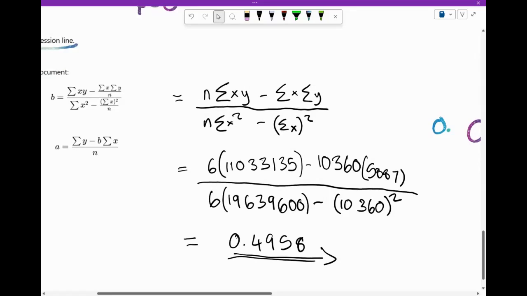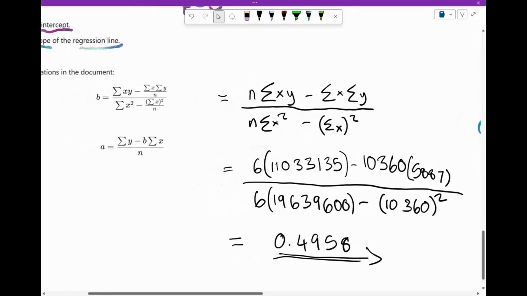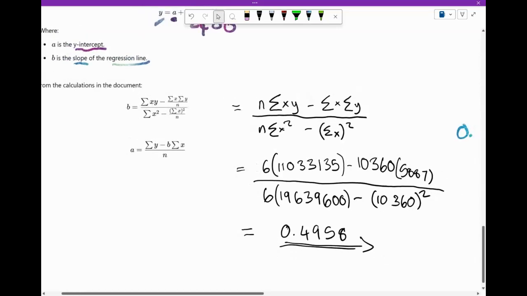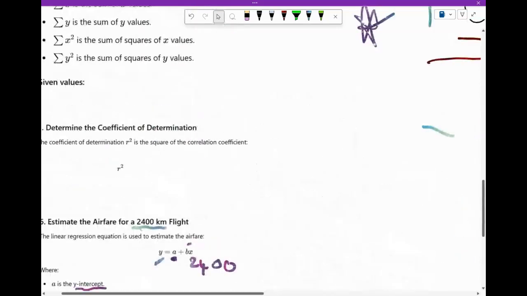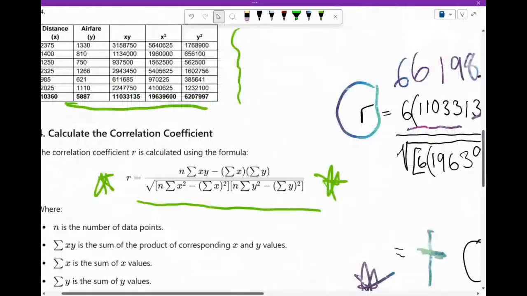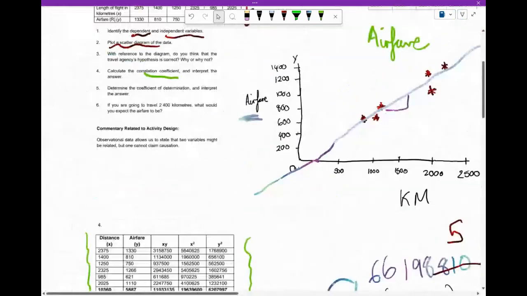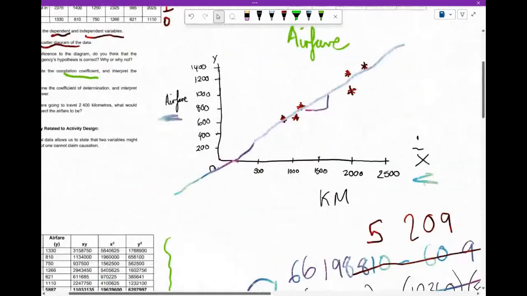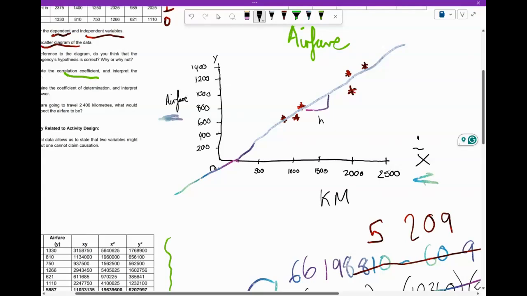Okay. So basically, what does this tell us? This slope. If we look at the gradient here, if we look at the line, what does this tell us? If we say B is the slope of the line, what is it telling us?